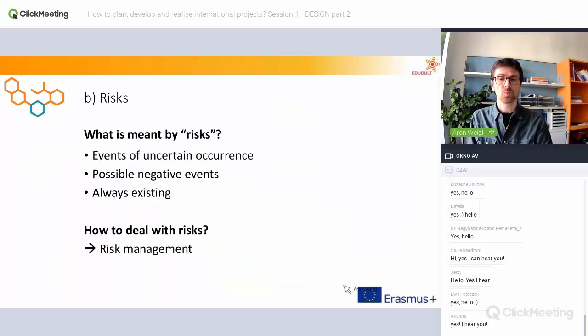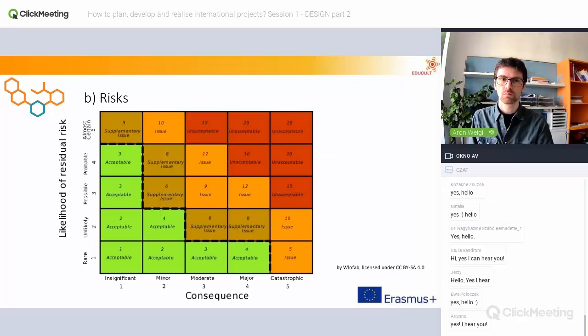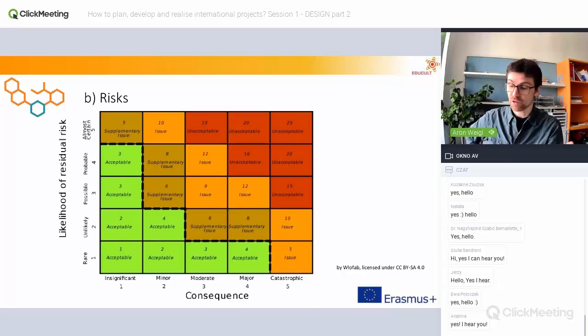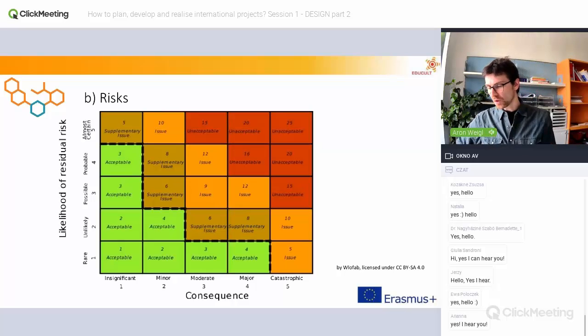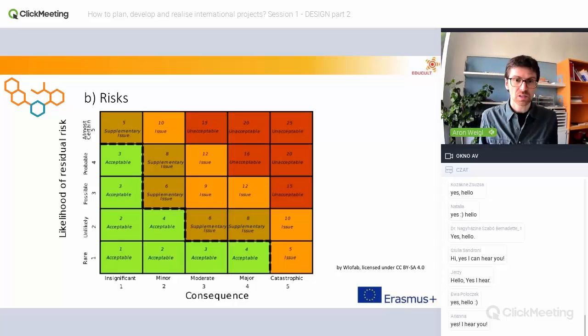Other risks could be a failure to comply with the timetable, or unmotivated participants, or, as we know, an outbreak of a global pandemic. If that happens, the consequence can even be catastrophic, even if the likelihood is rare.